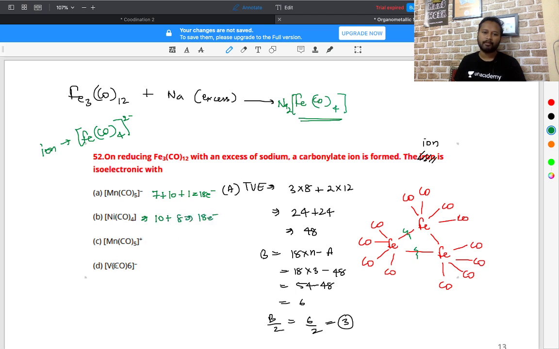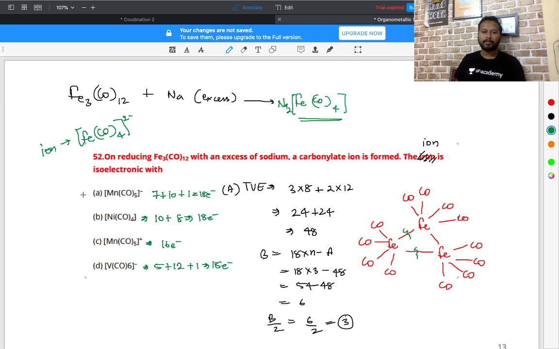Option C and D won't follow 18 electron, I guess. Option C will follow 16 electron, and option D will be 5 from vanadium, and 12 from this CO ligand and plus 1. So this will also follow 18 electron.